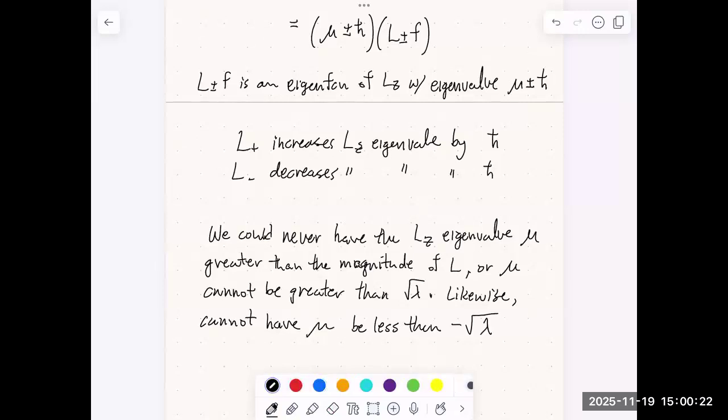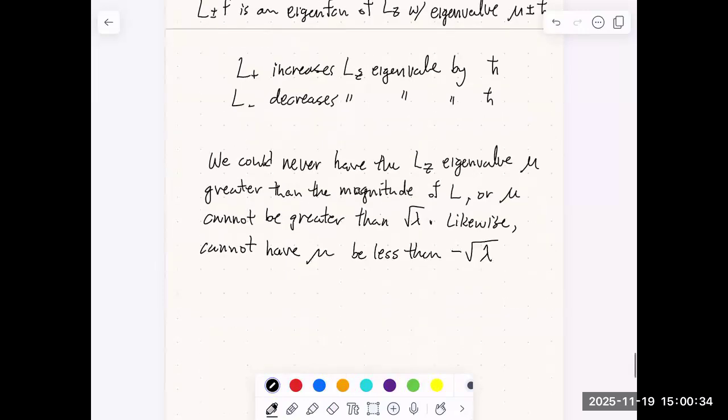So I could have a Z component that's positive and it can't be greater than L. I could have a Z component that's negative. It can't be more than minus L. And so these together restrict the range of mu.